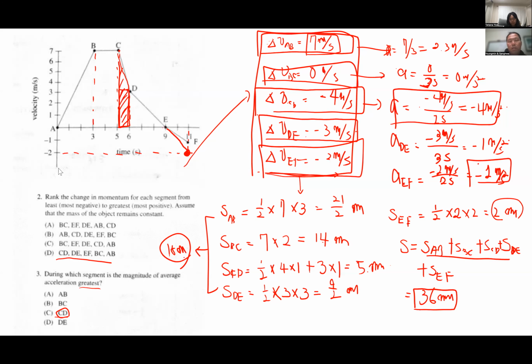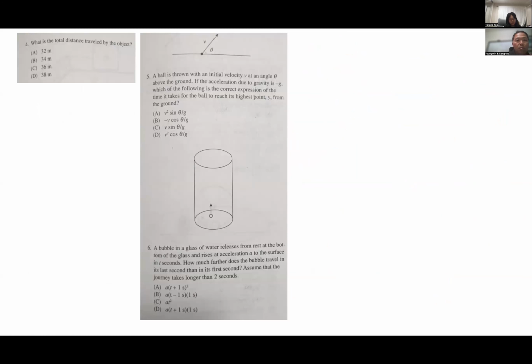So if this question asks you about total displacement, then how much will be the total displacement then? It's asking total distance, right? But if the question just changed to total displacement, then how much would it be?